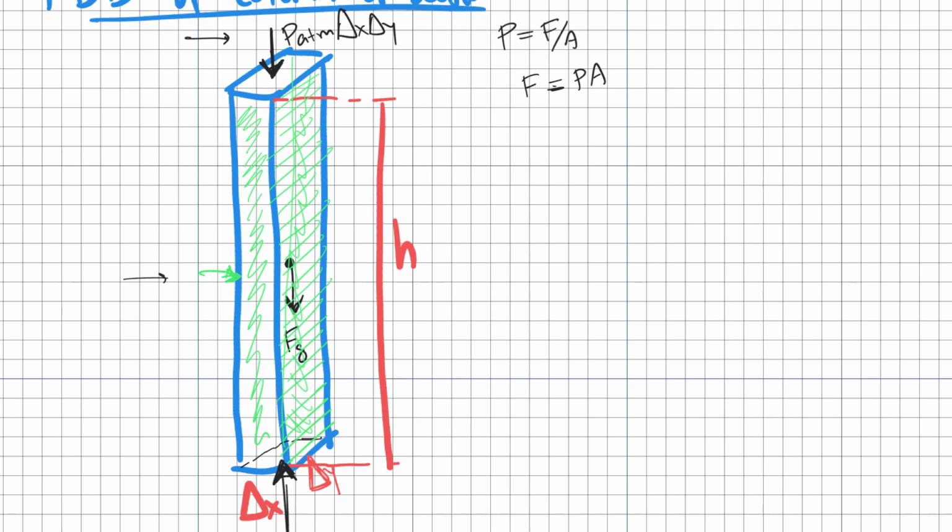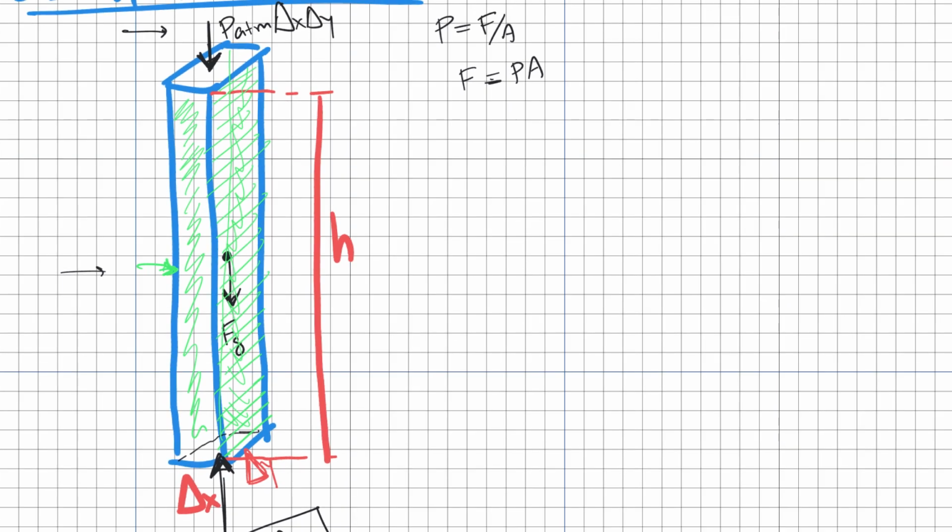All right, so now remember the whole goal here is I want to solve for this pressure down here. I'm going to do the summation of the forces in the vertical equals mass times acceleration in the vertical. I can't use y here, can I? Because I already decided that the areas here were delta x, delta y.